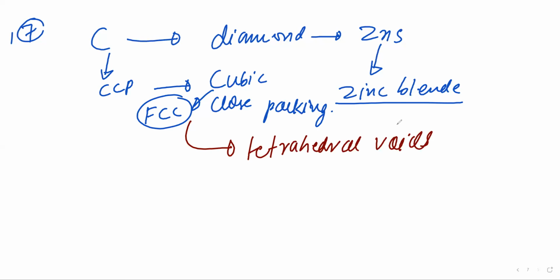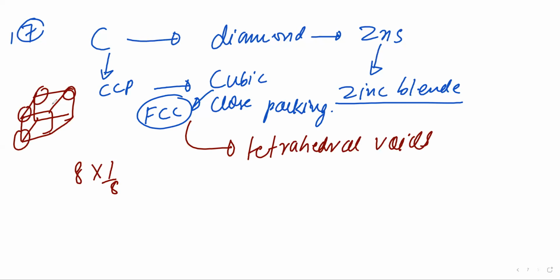So total number of atoms it is following is 8 into 1 upon 8. So why 8 into 1 upon 8? Because in a cubic unit cell there are total 8 atoms at the vertices, right? So 1 2 3 4 5 6 7 8, this will be the 8.